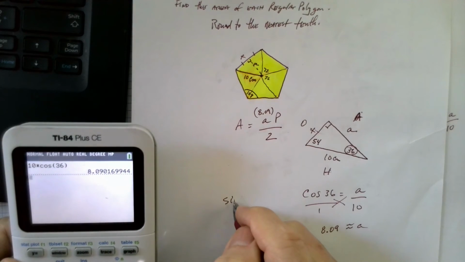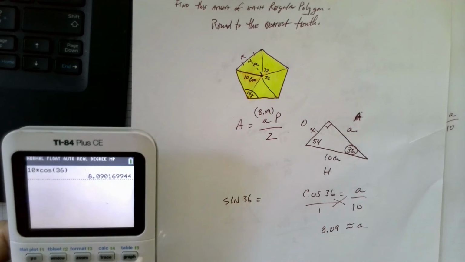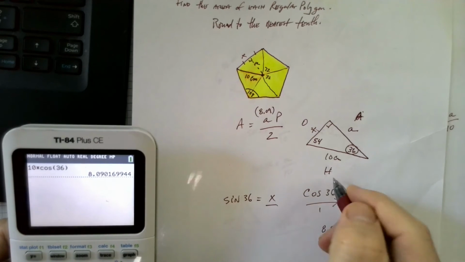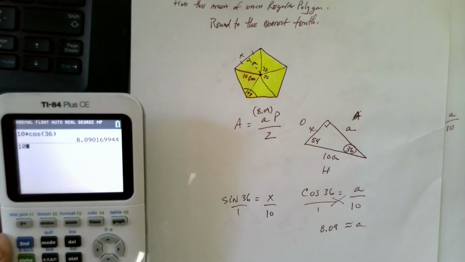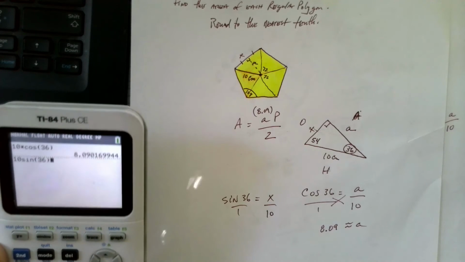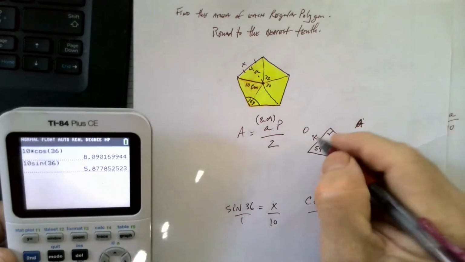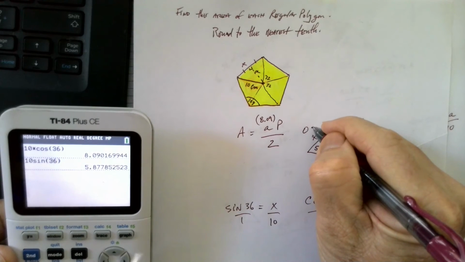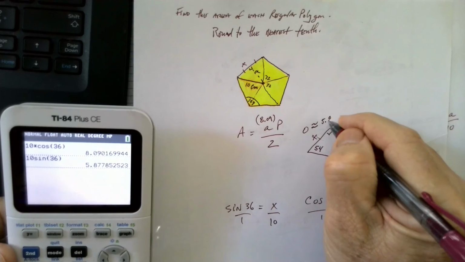The sine of 36 is equal to opposite, which is X, over hypotenuse, which is 10, and it's going to work exactly the same way. So it's 10 times the sine of 36, and I hit enter, and it's about 5.88.